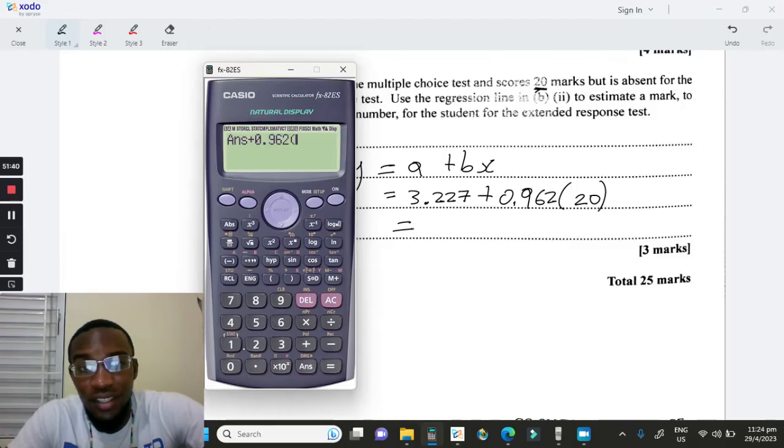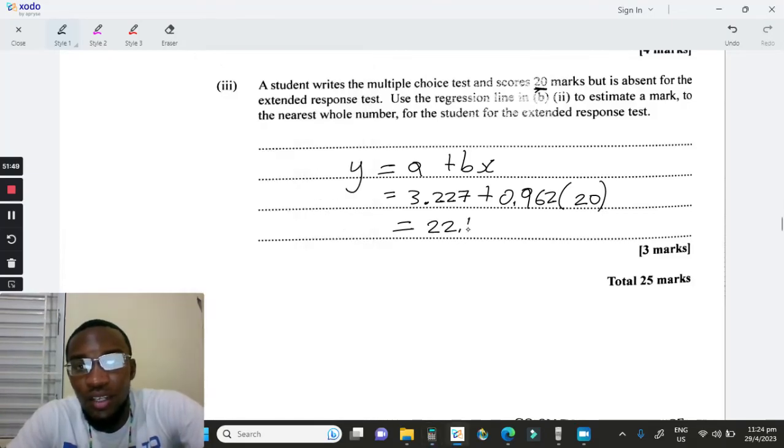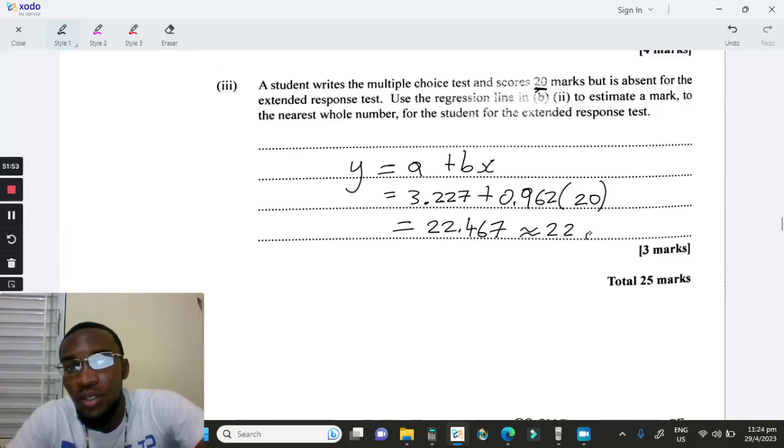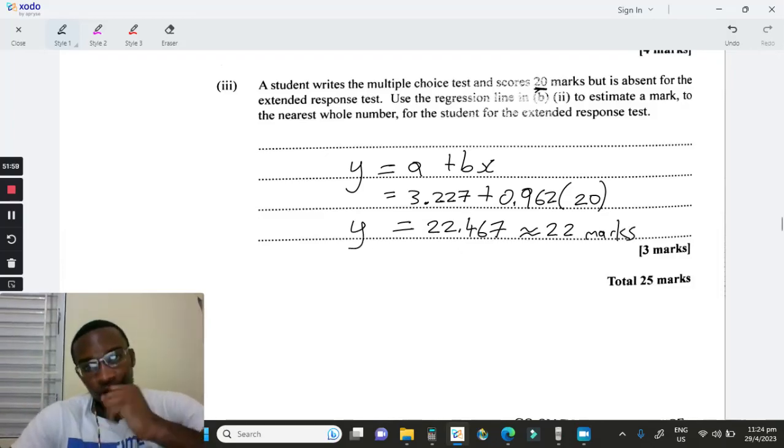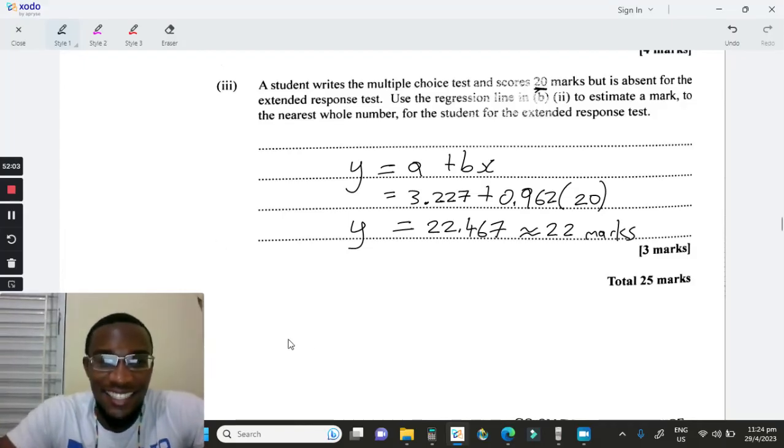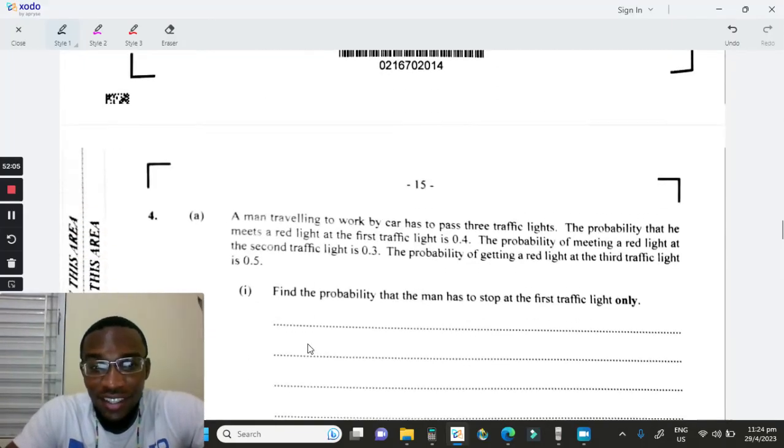We put that in the calculator and we get 22.467, which is approximately 22 marks. That would be his estimated marks for the extended response. Nice.